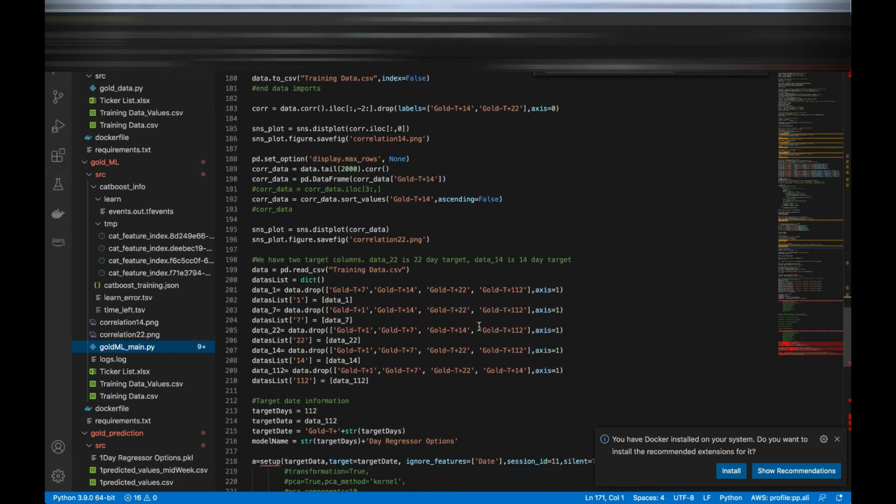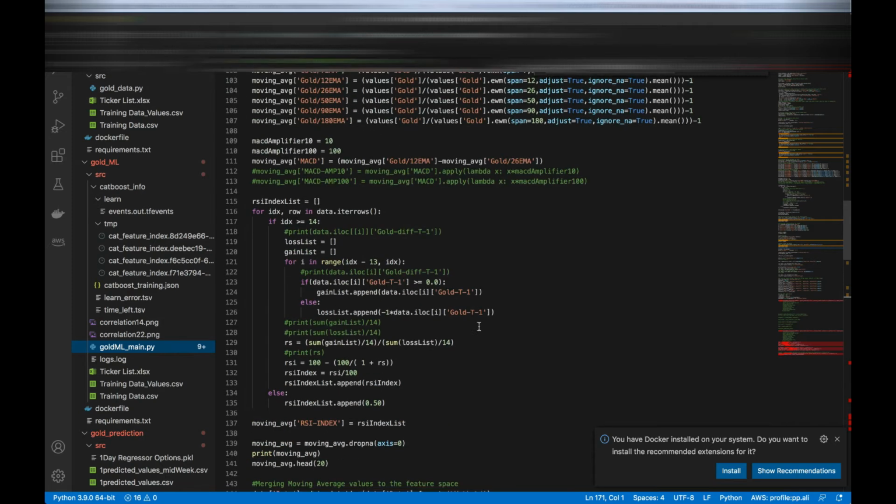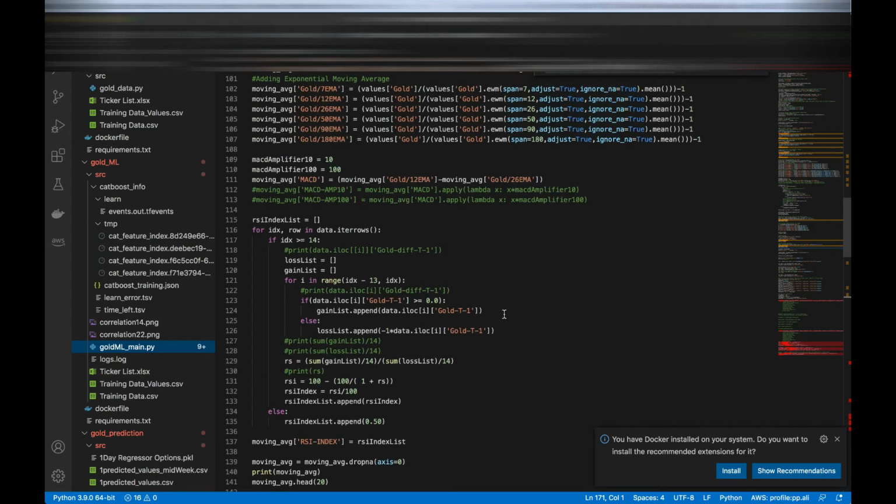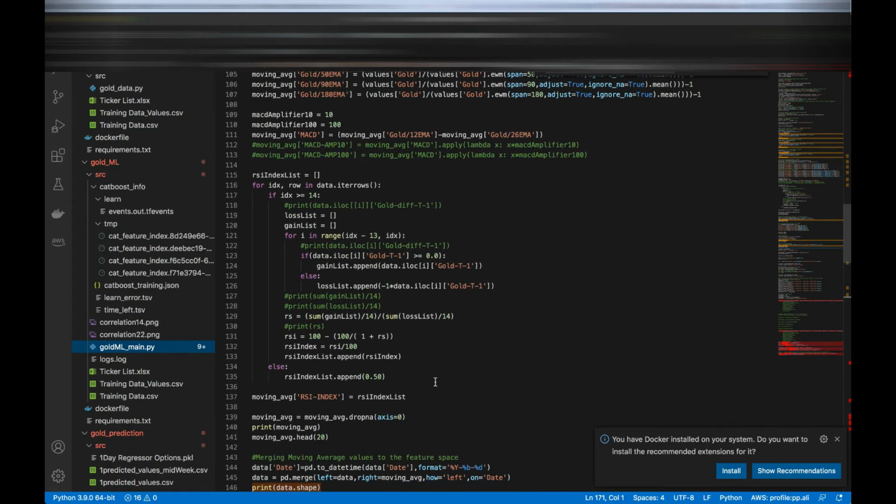It is the sum of the average gains divided by the 14 periods, over the sum of the losses, as percentages over the same period, and this gives you the relative strength of the period. To create the index, you do 100 minus 100 divided by 1 plus the relative strength.